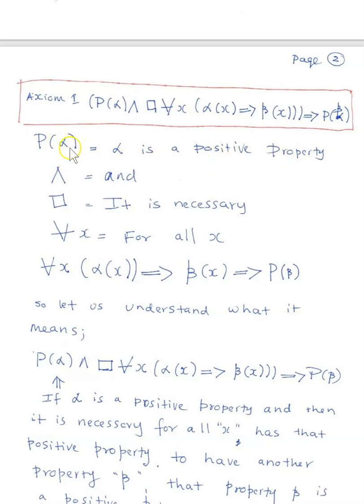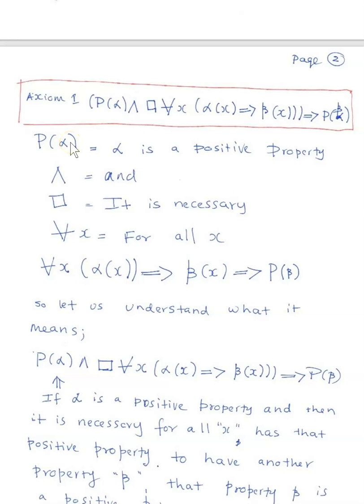Alpha is a property, any property that a person has. Normally in mathematics it would be something like prime numbers having certain properties, that they cannot be divided by 2 or 3 or any other number. That's a property of prime numbers.